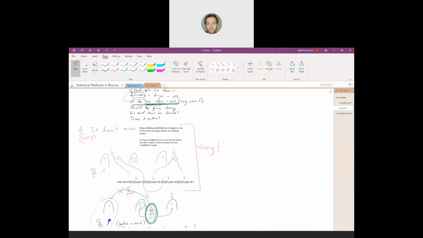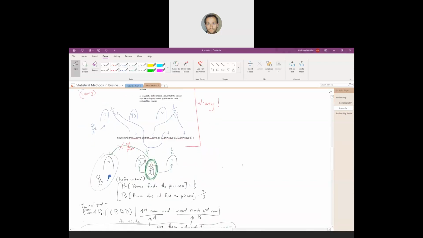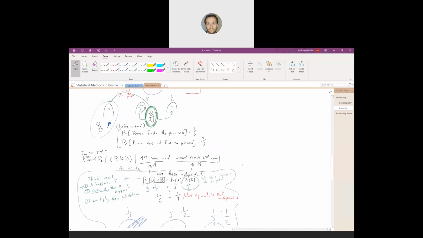He still has a 2/3 probability of being wrong, which means that by changing, he has a 2/3 probability of being right. If he has a 2/3 probability of being wrong on the cave that he chose, then if he changes his mind, 2/3 of the time he'll have done the right thing. So again, it can become intuitive, but you just have to think about it and spend some time mulling it over.